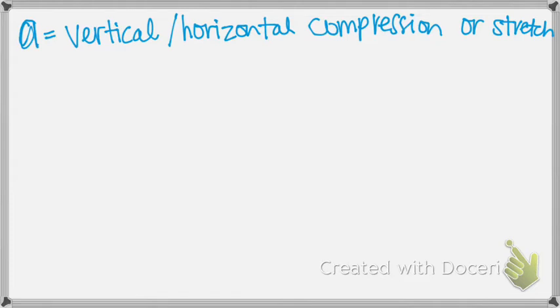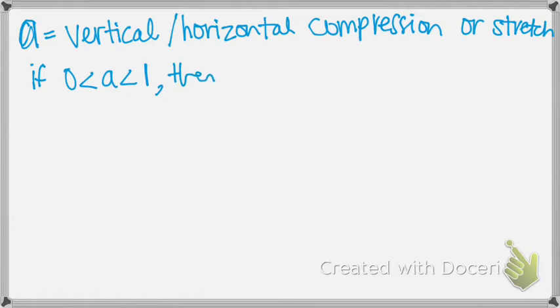Okay? So, the first one is if A is between 0 and 1. Okay? From 0 and 1. So all those decimals that fall in between 0 and 1.